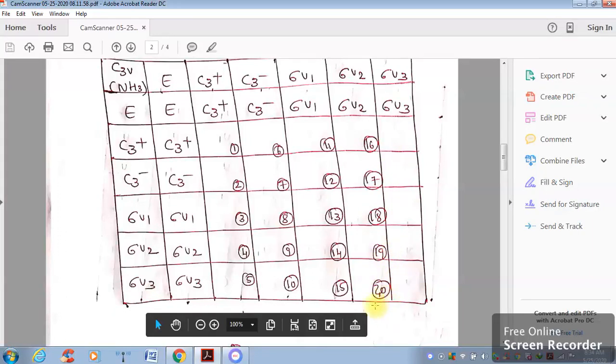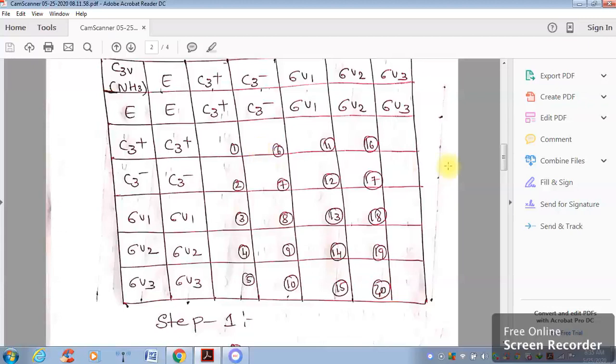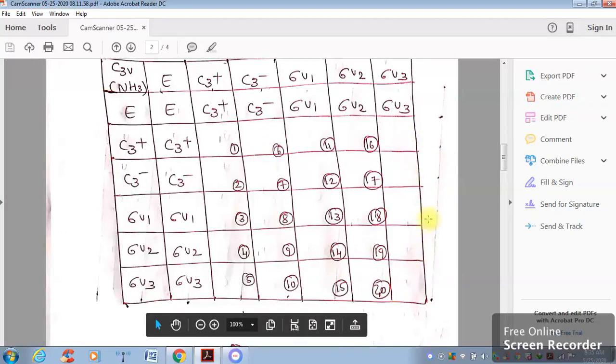We have 20 different boxes. This last part I will fill later. In this, you have to write the different symmetry elements present in ammonia.